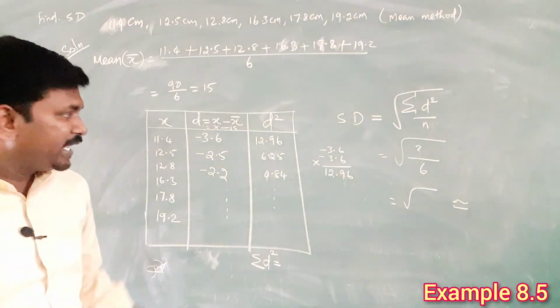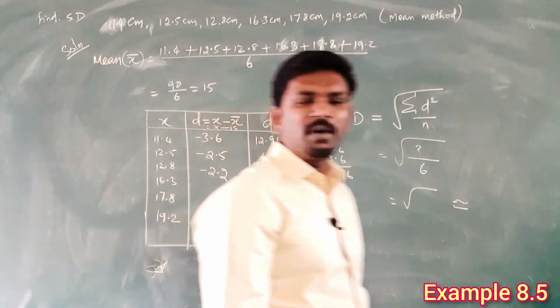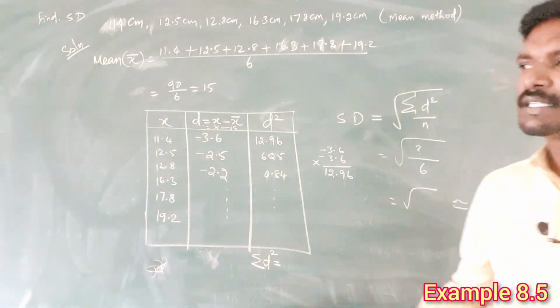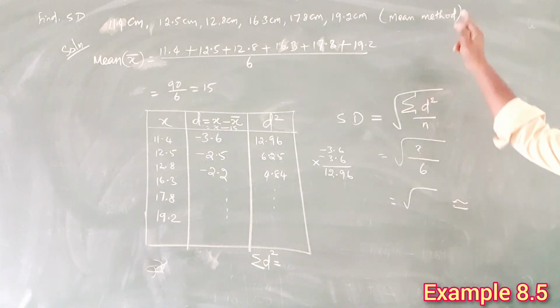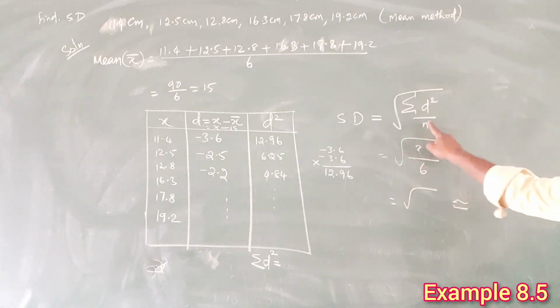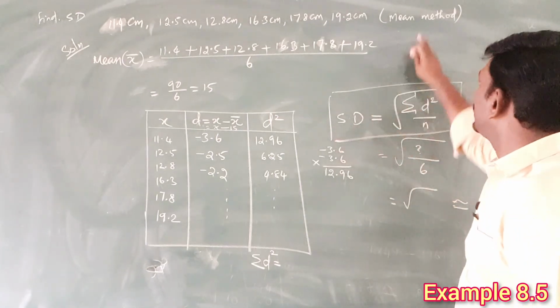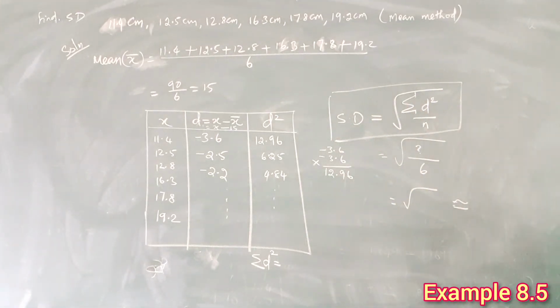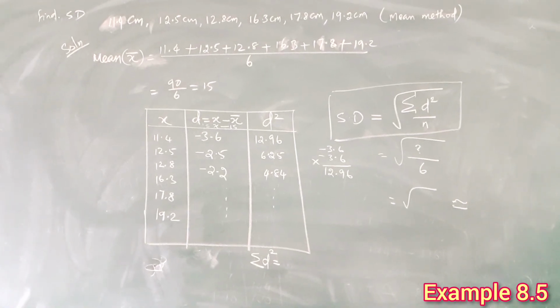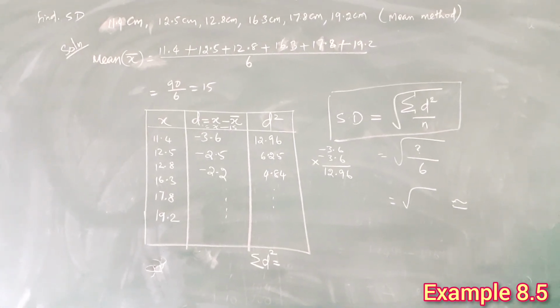This is the way to solve the problem. This is the way, and this is the formula, to find the standard deviation of the data in the mean method. Okay, clear? You can do it by yourself. Write the question in your note and do it yourself.